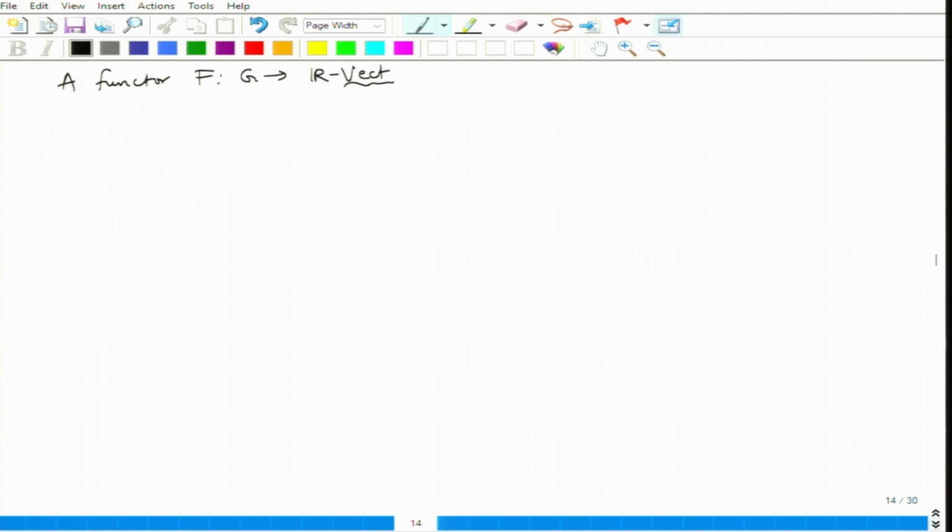What will it give you? The endomorphisms, a group embedding of G into the endomorphisms. There is no embedding happening here. I never said it's an embedding. I mean the endomorphisms of a particular vector space.